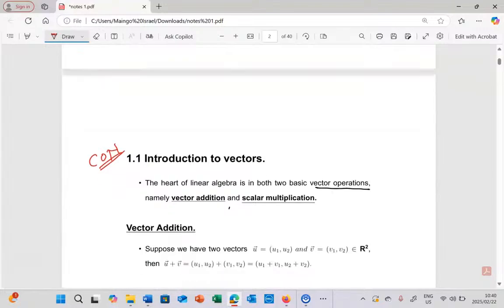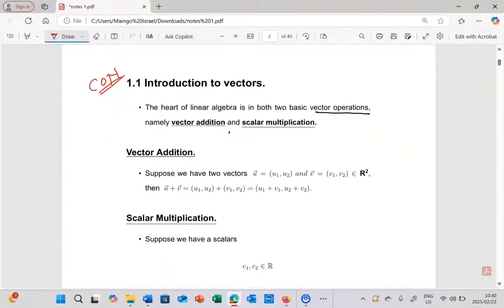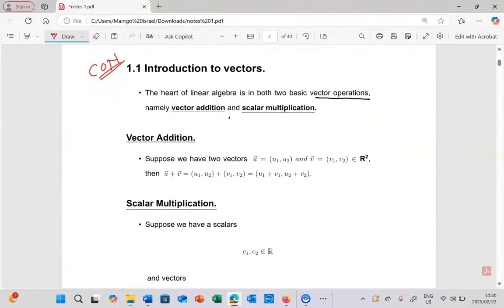Now we'll start with an introduction to vectors. In the early grades or high school, those who studied mathematics and science in lower grades, when we talk about physical science, they talk about vectors and scalars.